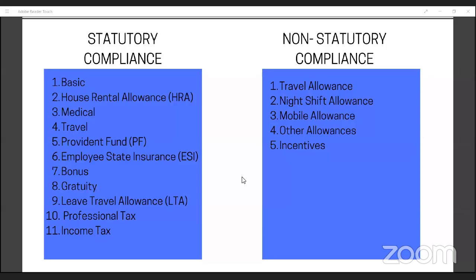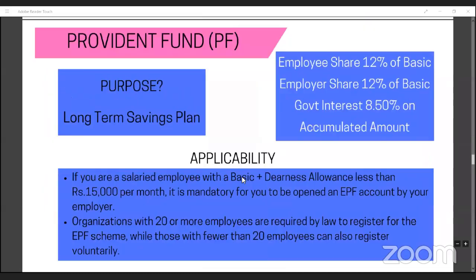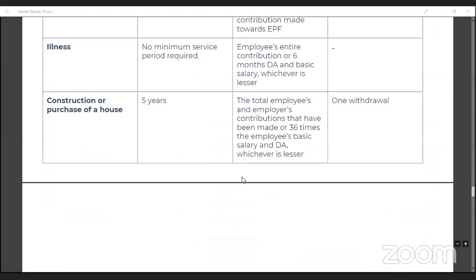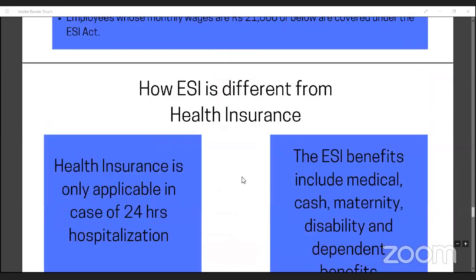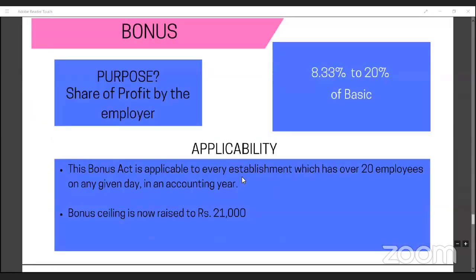Now let us understand how bonus really works. What are the percentages that bonus can be availed at? So we will see that. So this is the bonus perspective. What is bonus basically? It is a share of profit by the employer. The real intention behind bonus, as per the law, is that bonus is not an extra income or a benefit.